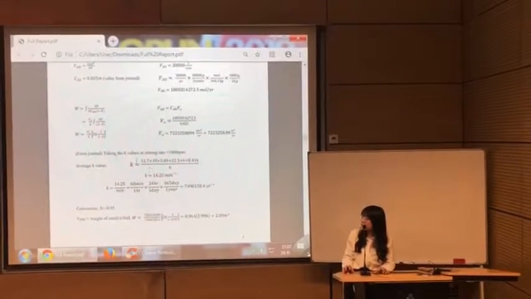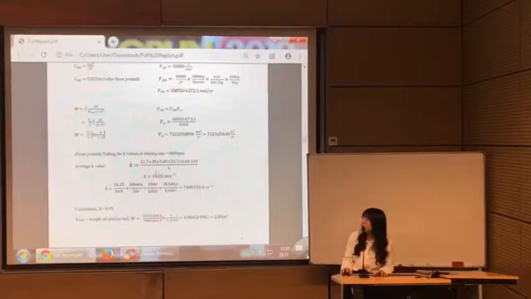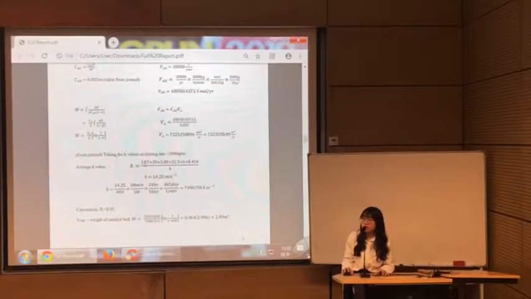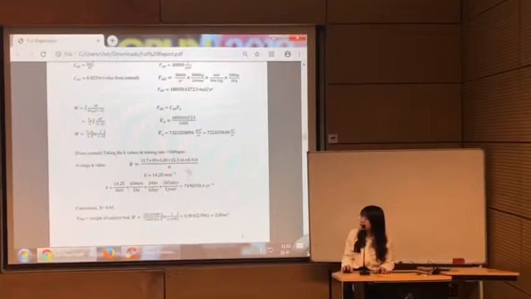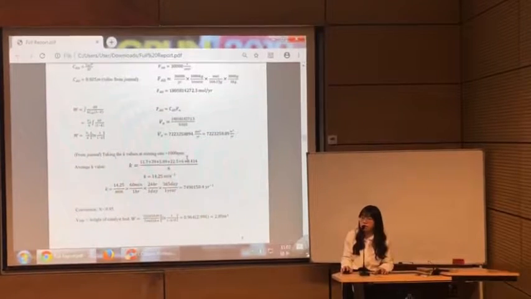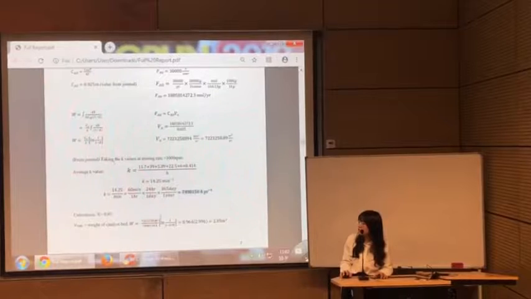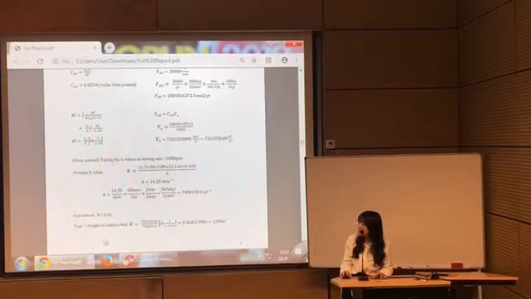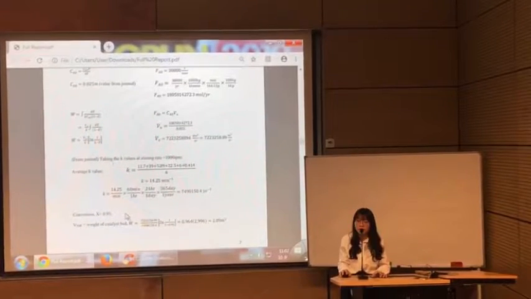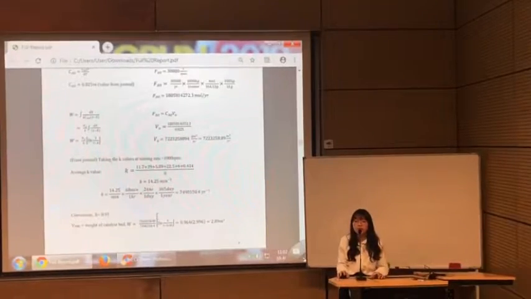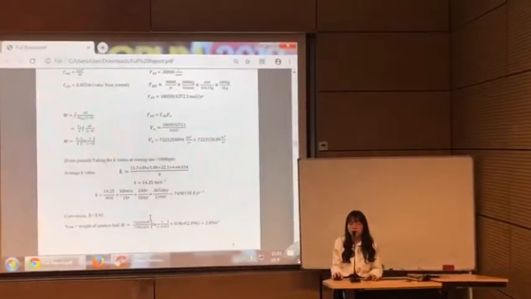Before that, we get the average rate constant value K from the journal at 1000 rpm of stirring rate. We insert it into the formula to calculate the weight of catalyst bed, which is also equal to the volume of the packed bed reactor, and we get 2.89 meter cube for the sizing.